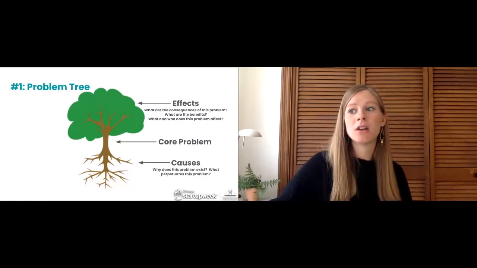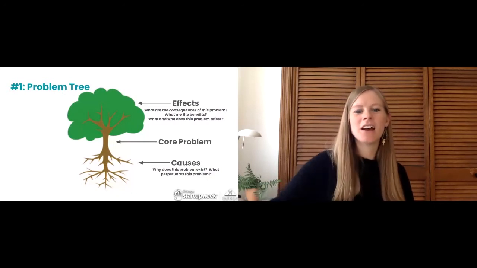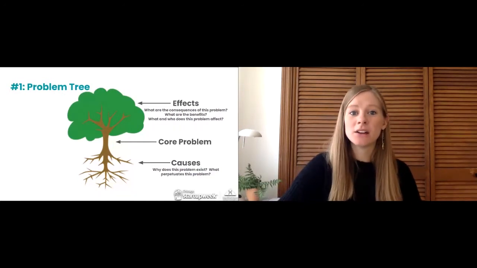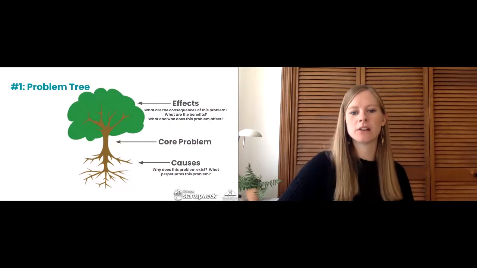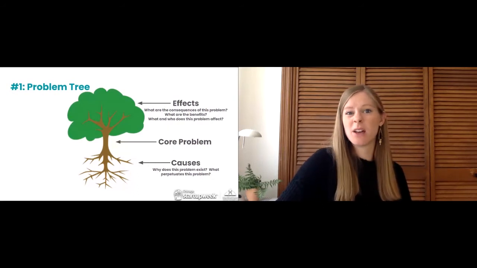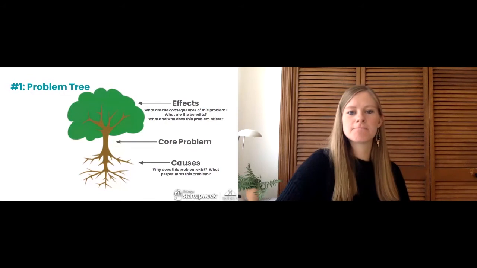Maybe you aren't that familiar with your problem actually when you're digging deeper. And so this helps you pause and really think about, what are the causes of the problem that I want to work towards fixing? And then the leaves are the effects. So what are the consequences of this problem, or what are the benefits? Maybe there's some. What and who does this problem affect?